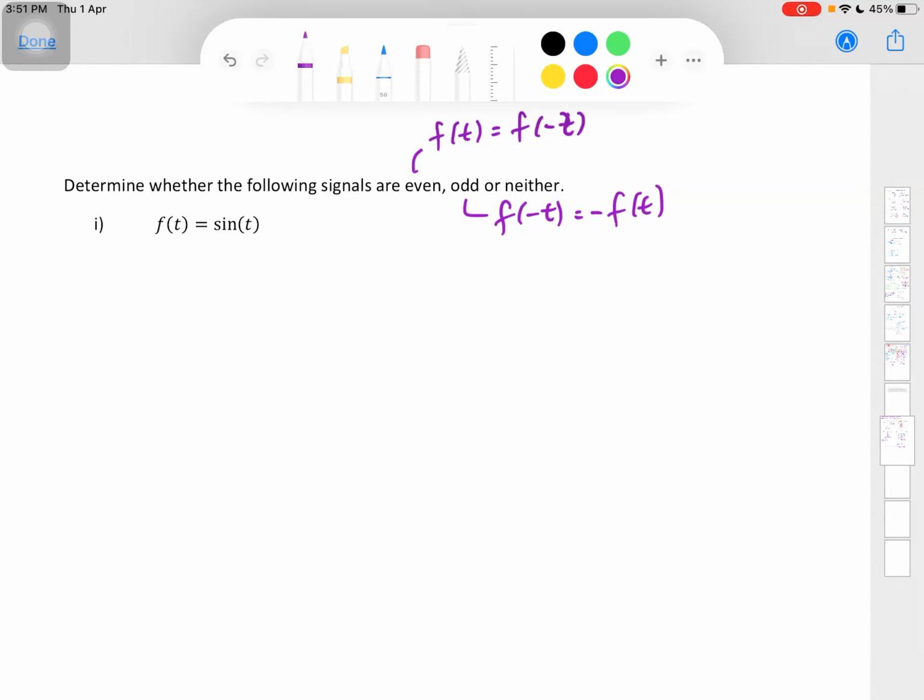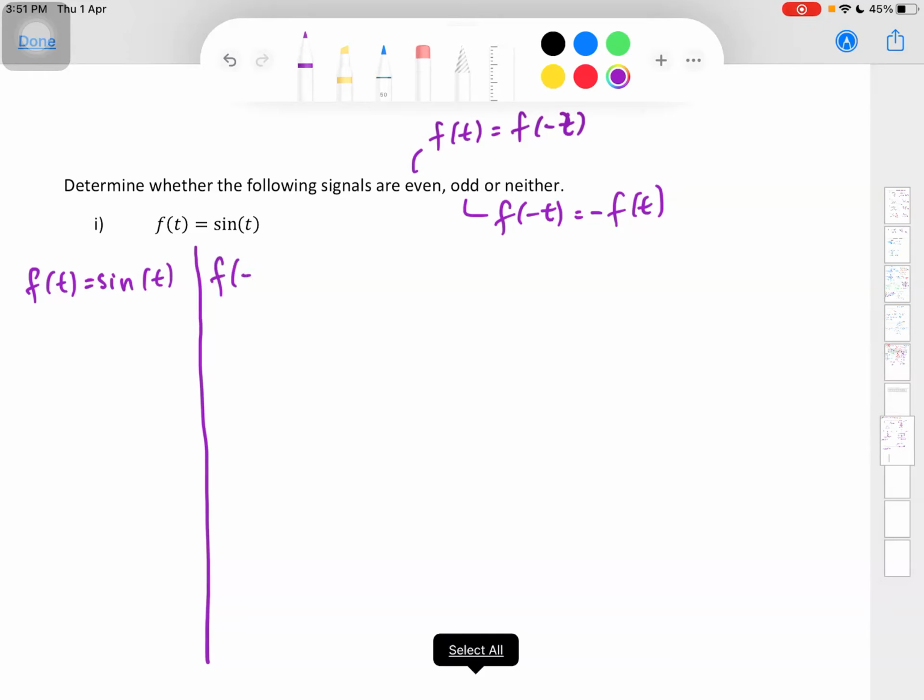So f of t in this case is sine t. We are also going to have f of minus t, which will be sine of minus t, and minus f of t, which is minus sine t.